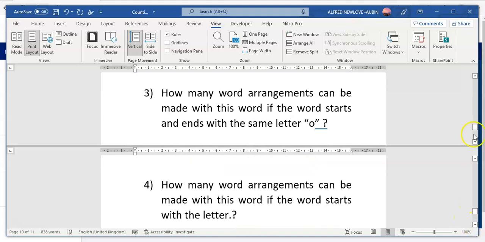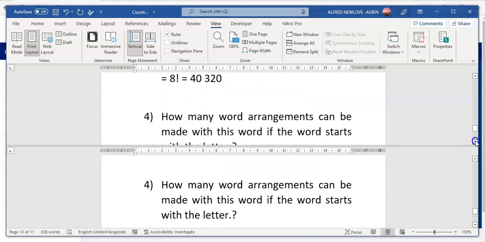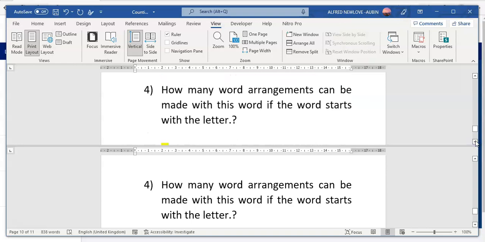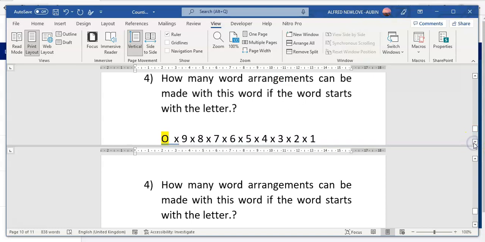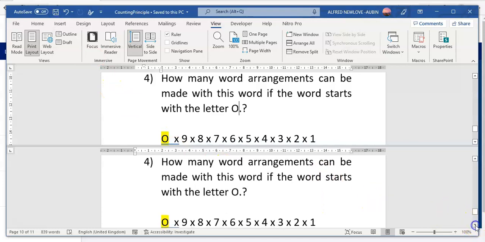Then the next question, how many word arrangements can be made with this word if the word starts with the letter O? This is my O. It starts with letter O. How do we solve this?